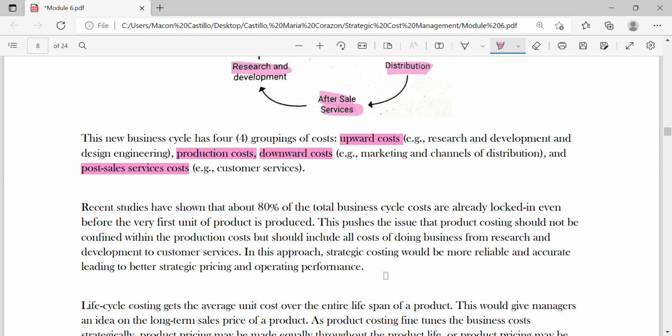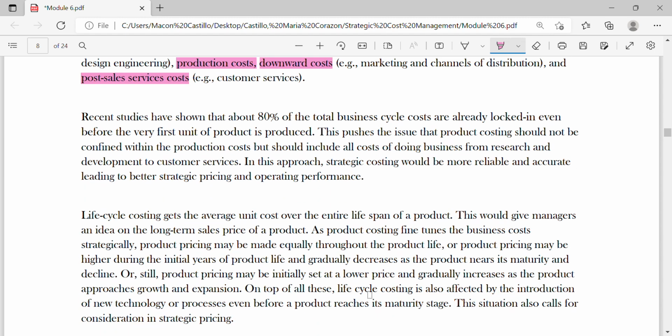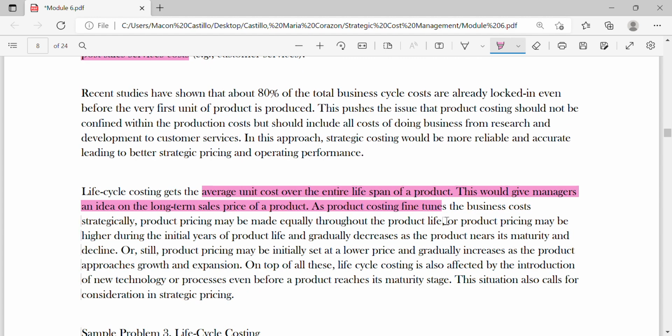In this approach, strategic costing would be more reliable and accurate, leading to better strategic pricing and operating performance. So in order to get the cost of the product, you need to get the average unit cost over the entire lifespan of a product. So this would give managers an idea on the long-term sales price of a product.